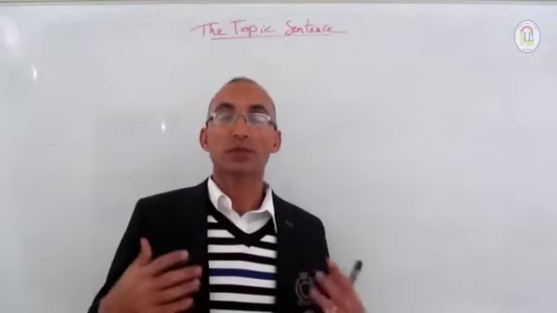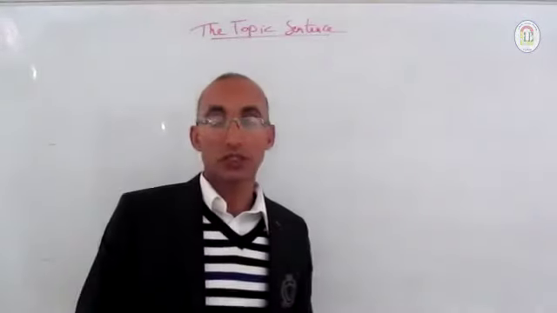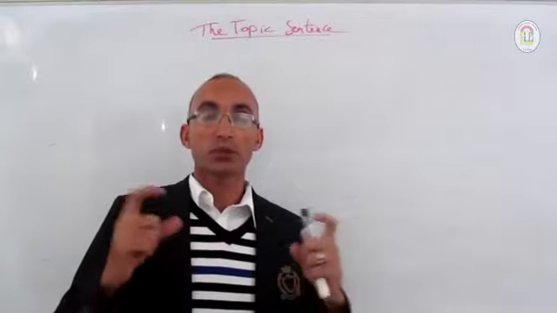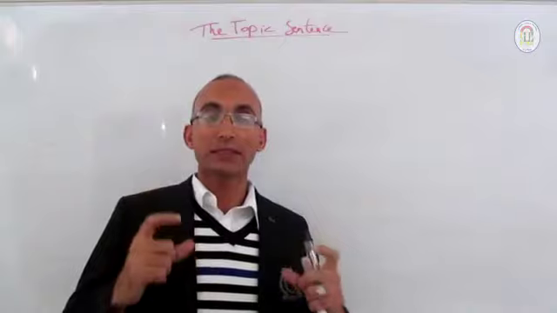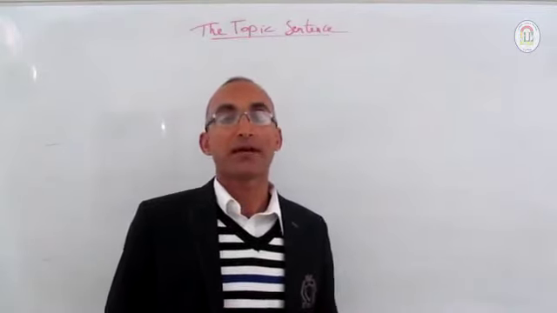And today we'll start first with the topic sentence, which is usually the first, or the main important part that we first meet and read in our paragraph, or an academic paragraph.